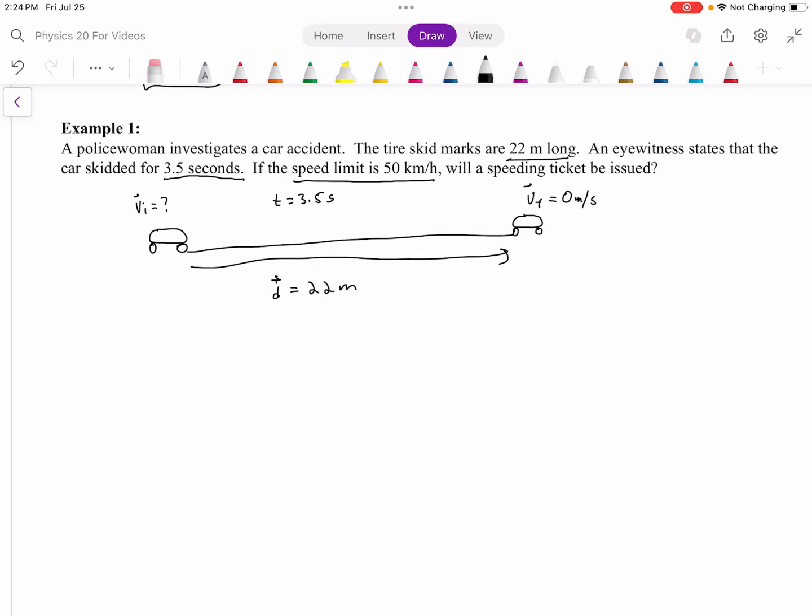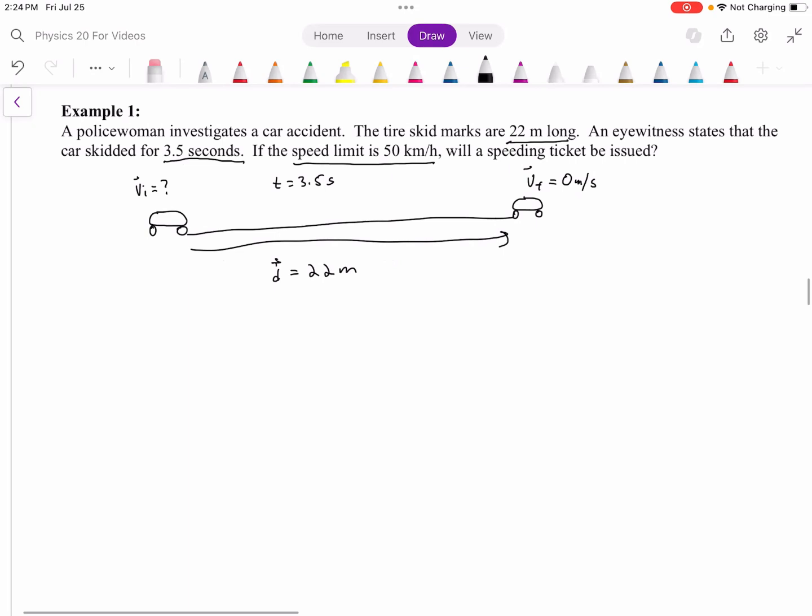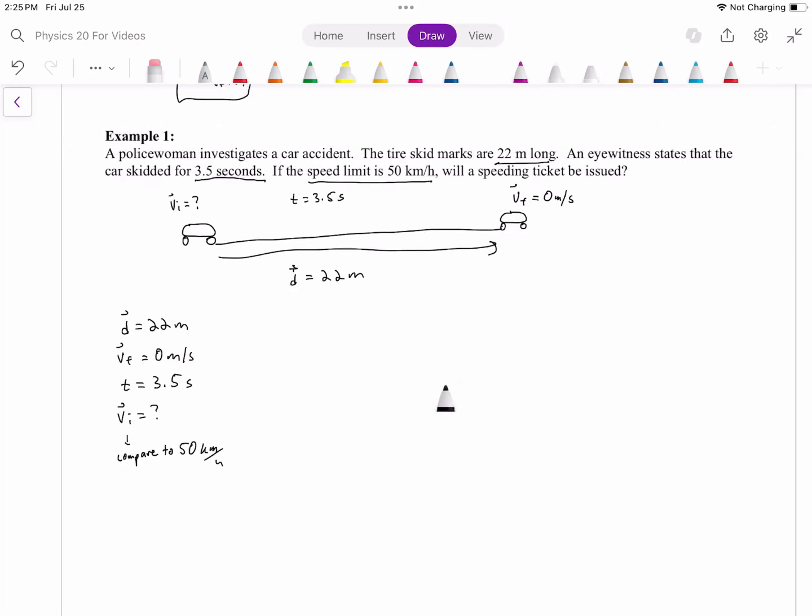So now let's make our list of givens and required, and then we can select an equation in order to analyze this. Here's everything we were given. We need to find the initial velocity, and I just made a note for myself here that yes, we do need to find the initial velocity, but that's not just going to be our final answer. Our final answer is, will they get a speeding ticket? So we're going to find that, and then we're going to compare it to 50 kilometers per hour.